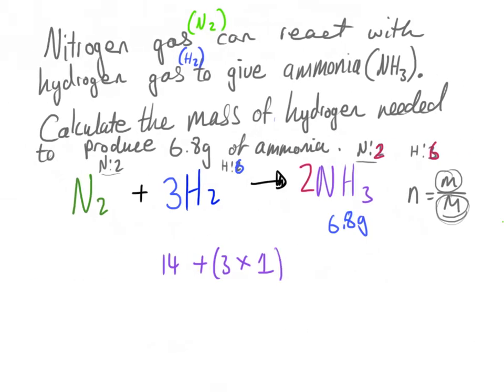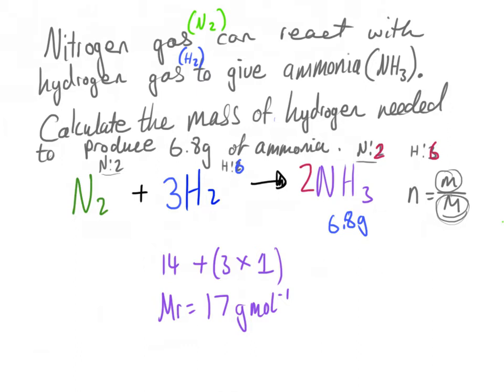And then we have this 2 here, but we don't need this 2 right now. This 2 is for the molar ratio calculations, and right now we're not using the molar ratios. We're just working out the molar mass of one molecule of ammonia, NH3, which would be 14 plus 3 times 1. That's 14 plus 3, which is 17. So the molar mass of ammonia is 17. Mr equals 17 grams per mole.